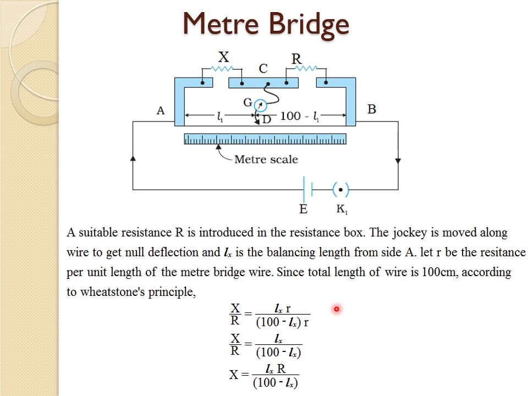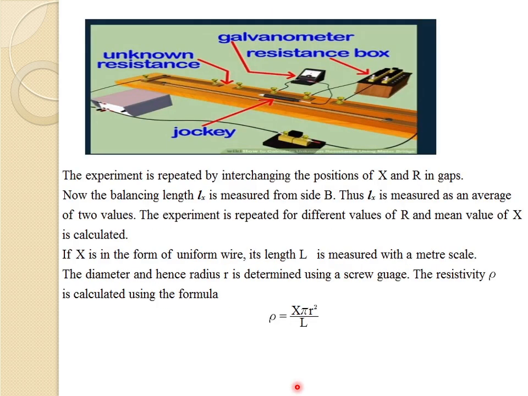Then we take the readings, the two balance lengths for each value of capital R, and for each value of capital R we can measure the value of the unknown resistance. So we can take the average value of X, that gives the resistance of the material.